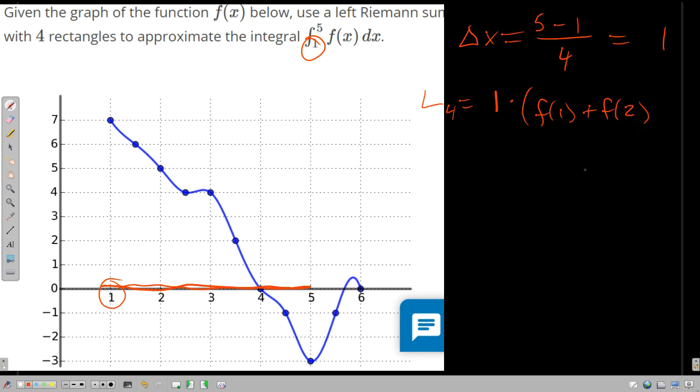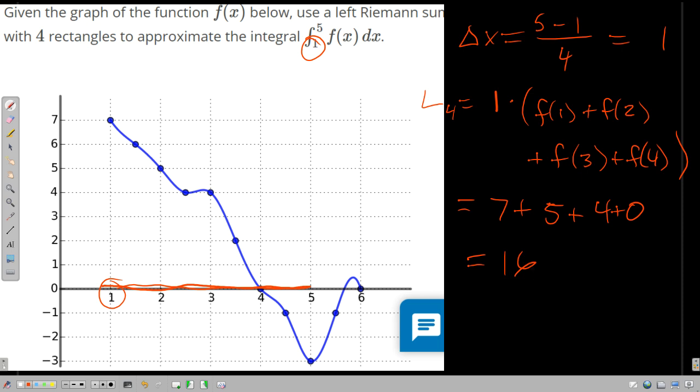It's f of 2 because it's f of 1 plus delta x. Delta x is 1, plus f of 3 plus f of 4. There, I have 4 rectangles now. And f of 1 is just 7, and f of 2 is 5, and f of 3 is 4, and f of 4 is 0. And so the left Riemann sum of 4 rectangles is 16.